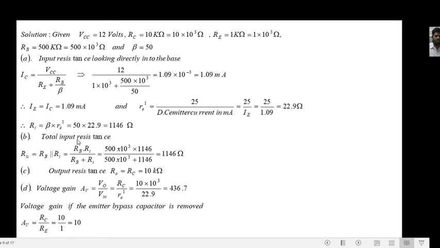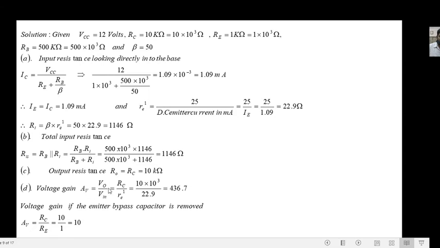Total input resistance Ris is equal to Rb parallel to Ri, that is equal to Rb into Ri divided by Rb plus Ri, 500 into 10 power 3 into 1146 divided by 500 into 10 power 3 plus 1146, equals 1146 ohm. So output resistance Ro is equal to Rc is equal to 10 kilo ohm.